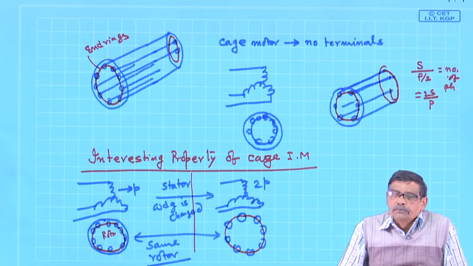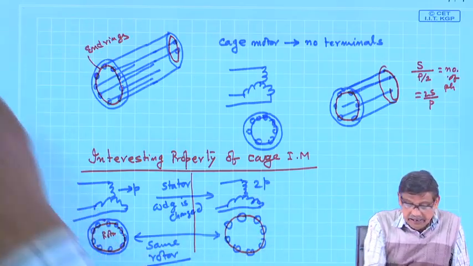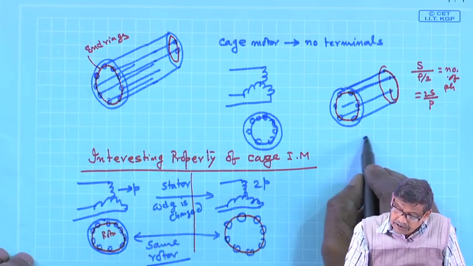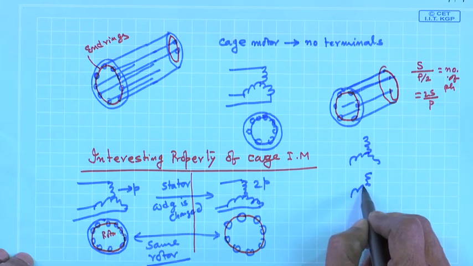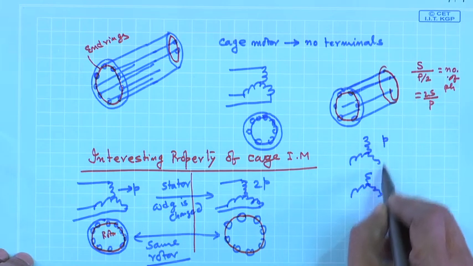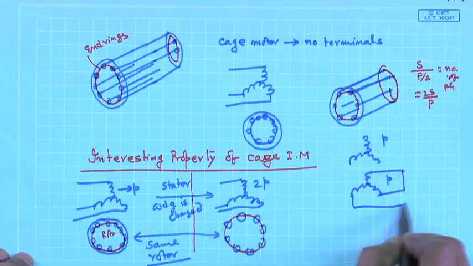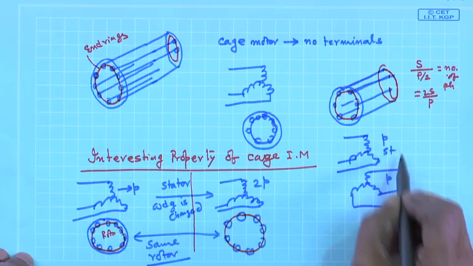In other words, this is not going to happen if it is a slip ring induction motor. For a slip ring induction motor, we know both stator and rotor are to be wound for the same number of poles, and then you short circuit it. This is stator, this is rotor.